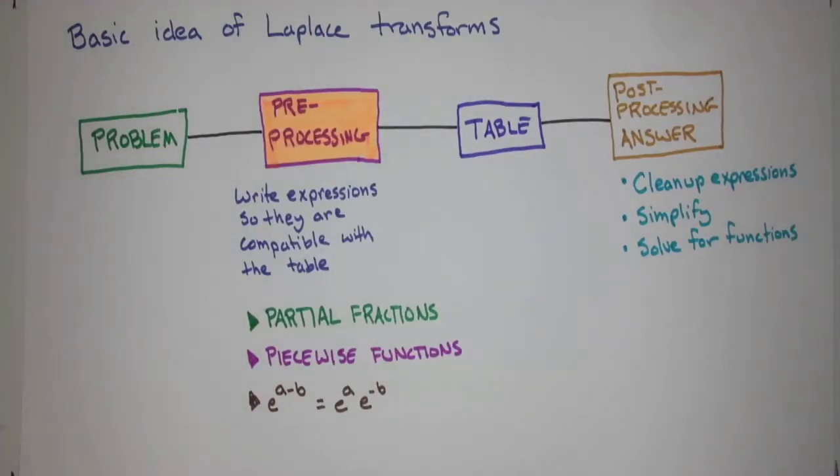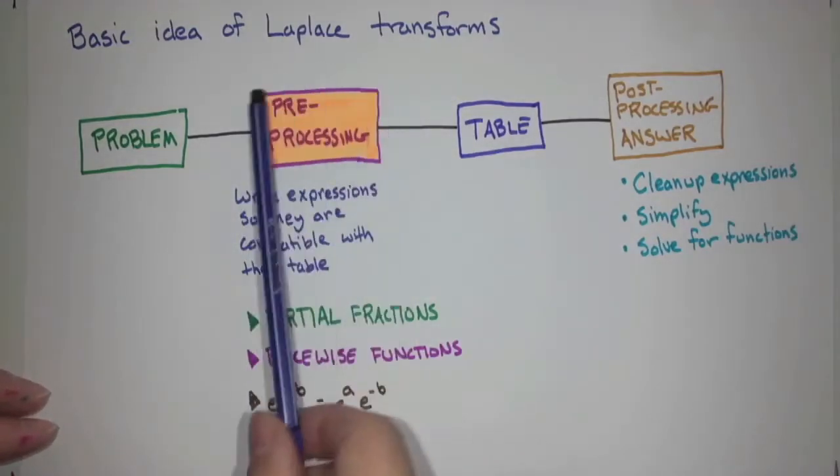So what do I mean by that? Well, you have to take what's given to you and figure out, how can I write this in such a way that it looks like things from my table? So that I can say, okay, I can apply things that are known. So that's actually the bulk of the work.